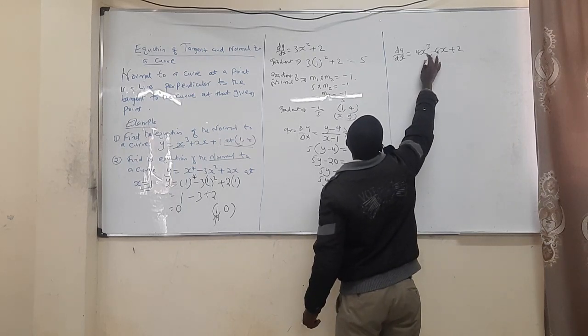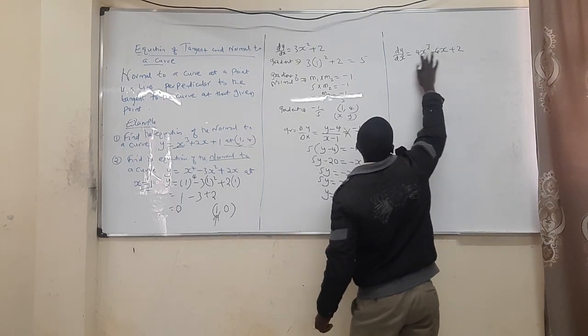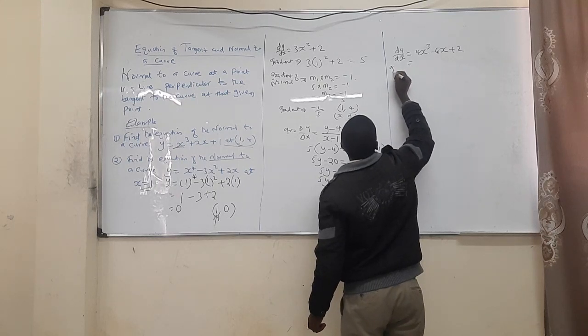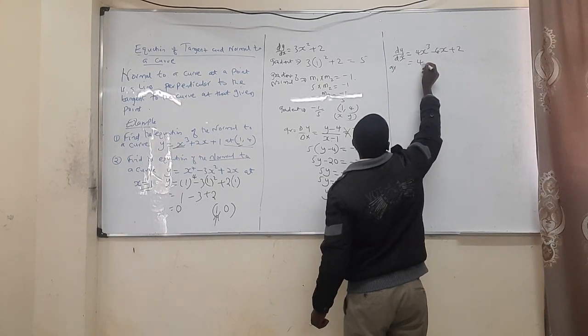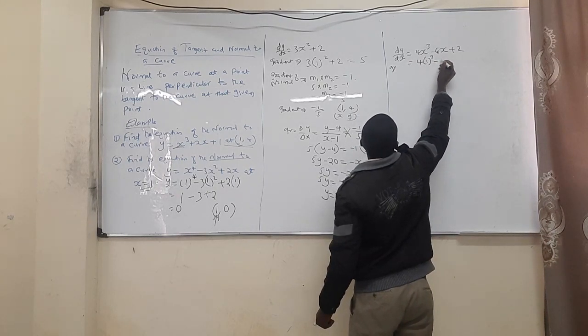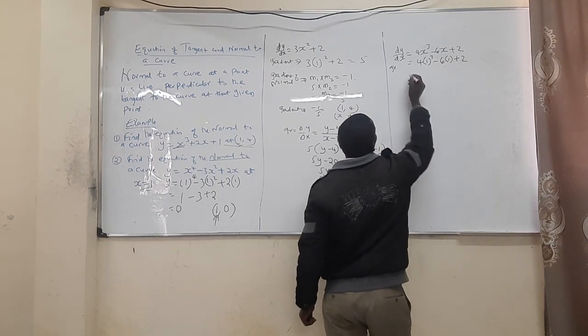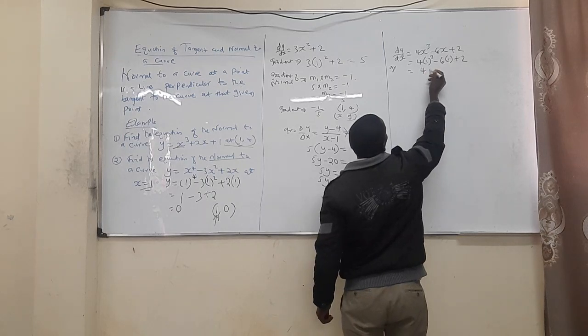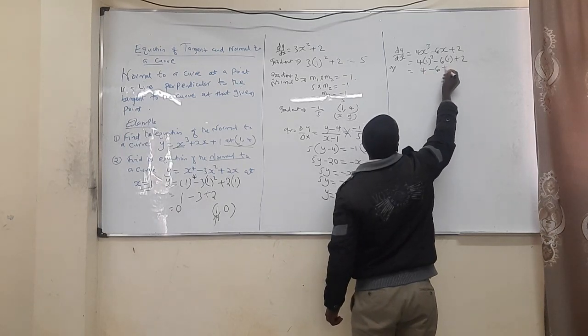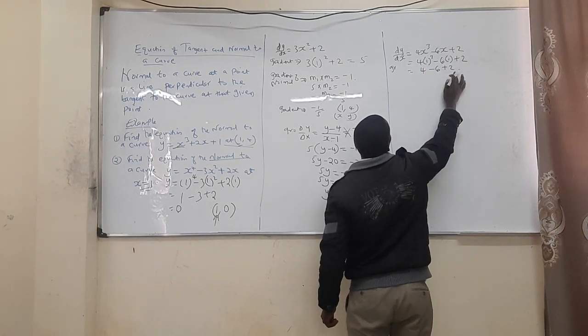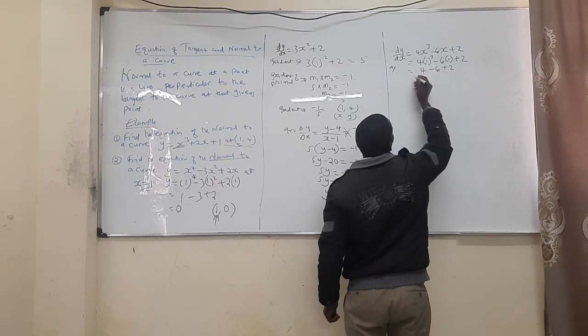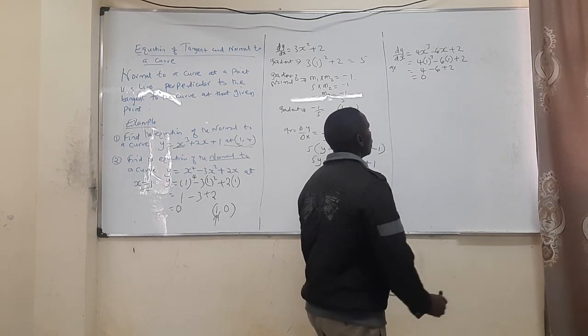So we substitute x with 1. The gradient will be 4 times 1 cubed minus 6 times 1 plus 2. So this is 4 minus 6 plus 2. 4 plus 2 is 6, minus 6 gets 0. So our gradient is 0.